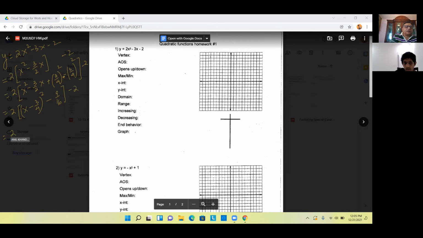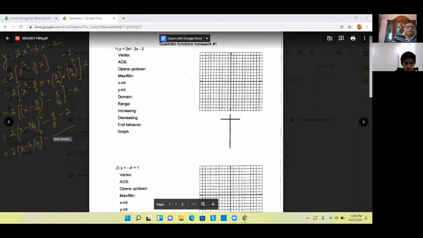We get 2 times x minus 3 over 4 whole square minus, multiplying by 2, we get what? 9 over 8, right? 16 and 2, they simplify and we get minus 2. Now we can combine the last two terms and we get 2 times x minus 3 by 4 whole square minus 8 is common, right?